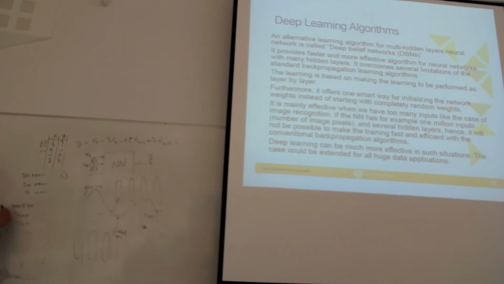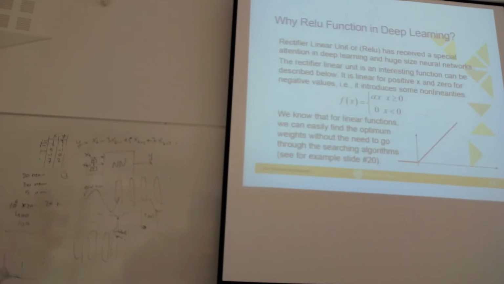If you have 1 million inputs, like pixels, which is 10 to the power 6, you will have 20 million weights in the input layer, and so on. You need to adapt them maybe thousands of times to get the result, so this will need huge computation resources to get good results.